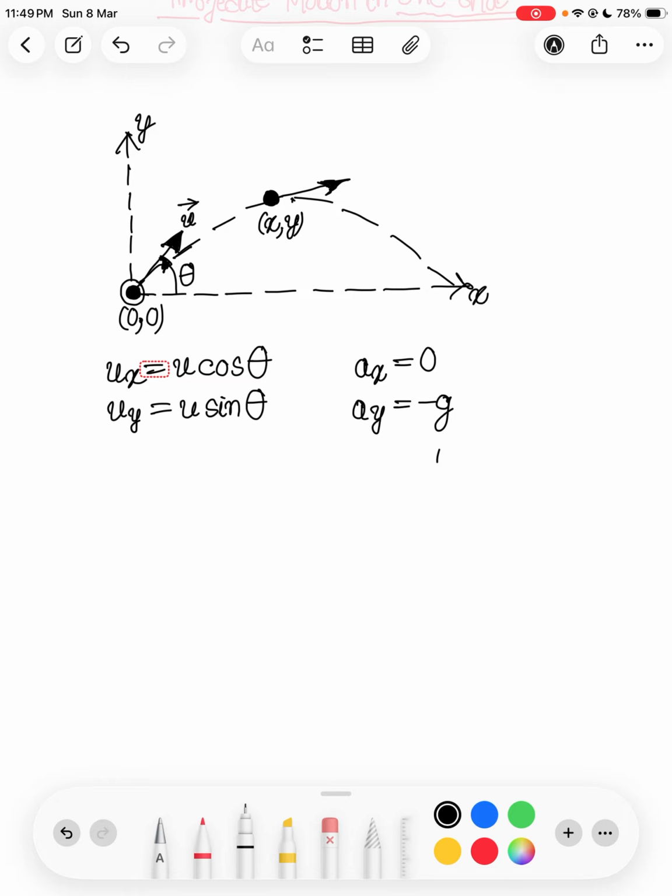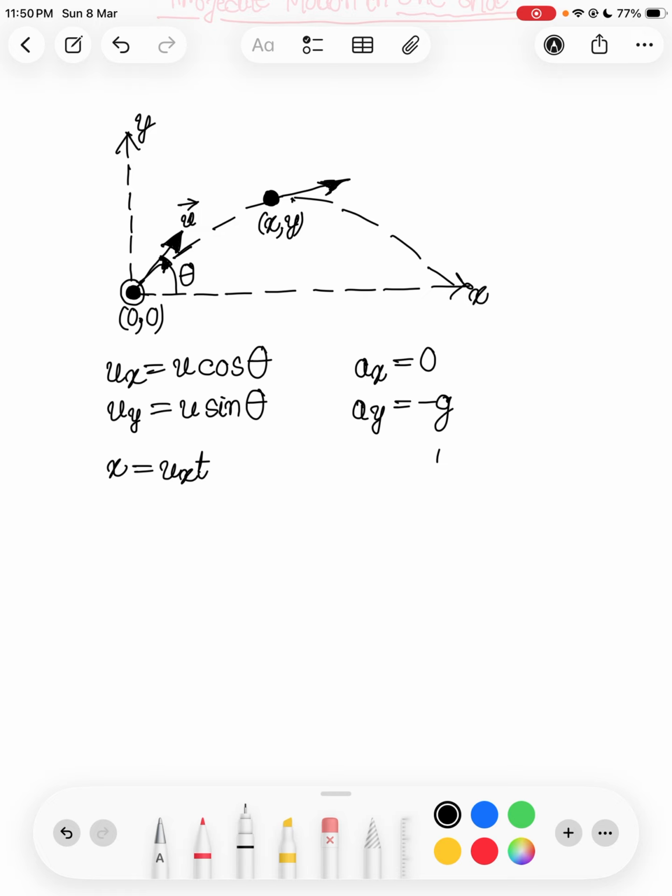So let us now write the kinematic equations. First, for the horizontal motion, we can write x equal to ux into t, because this is a constant velocity ux, as there is no acceleration, and in t time it will just cover ux into t distance horizontally.